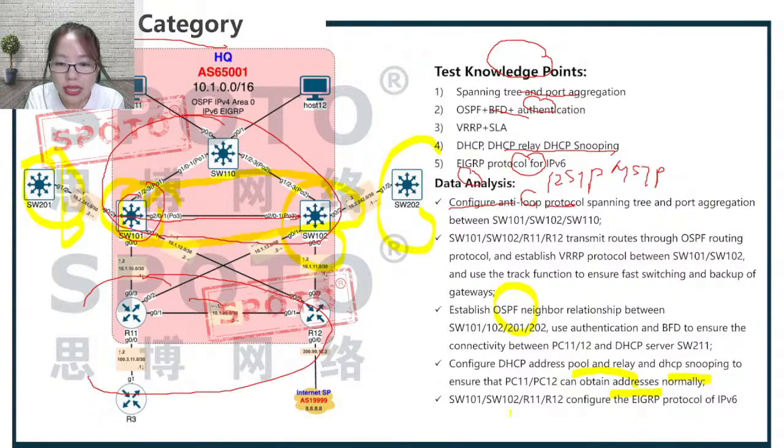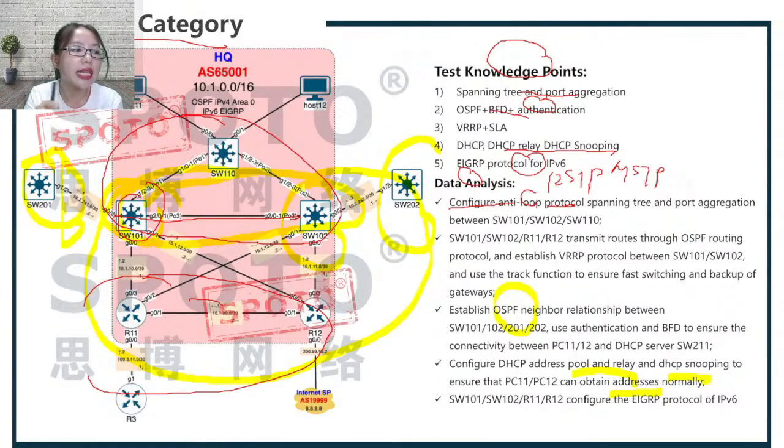Also, you need to configure EIGRP on switch 101, switch 102, router 11, and router 12, so you need to configure the EIGRP protocol for IPv6. So these are the HQ category analysis.